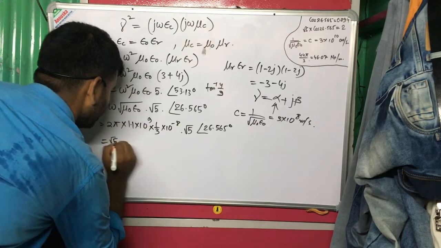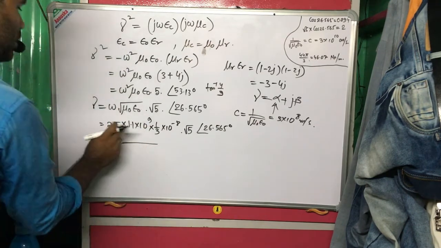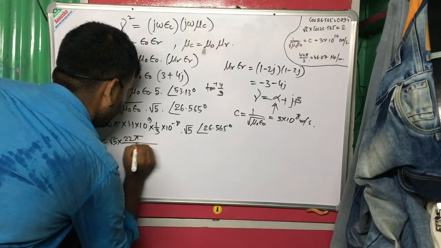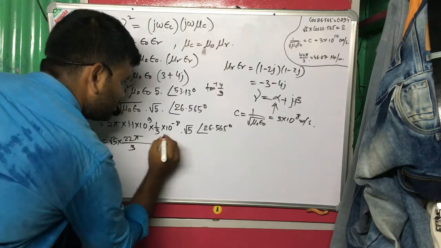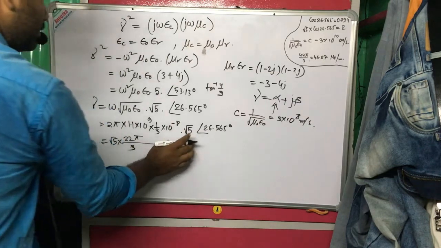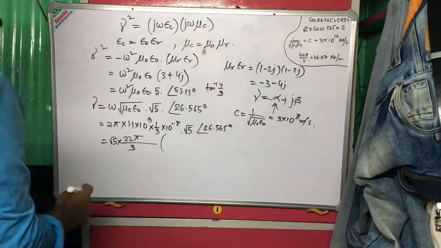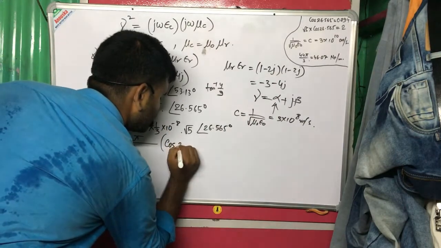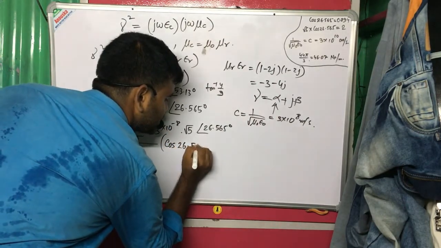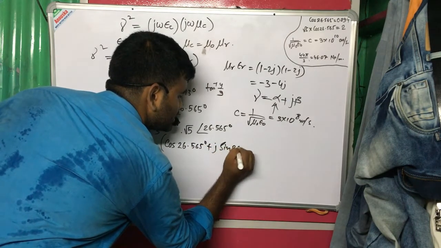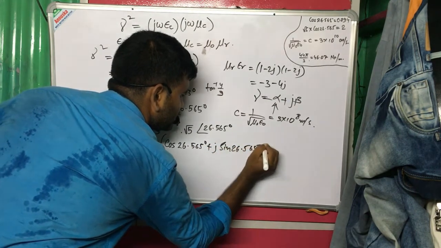So this is basically root 5 into 11, that means 22 pi by 3, into cos theta plus j sin theta, so cos of 26.565 degree plus j sine of 26.565 degree.